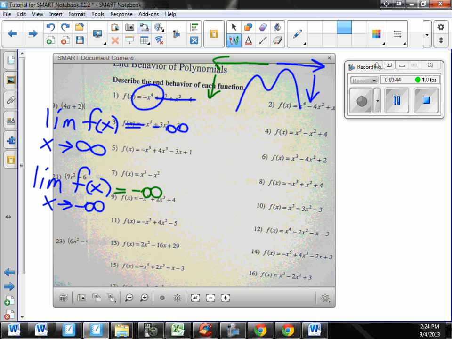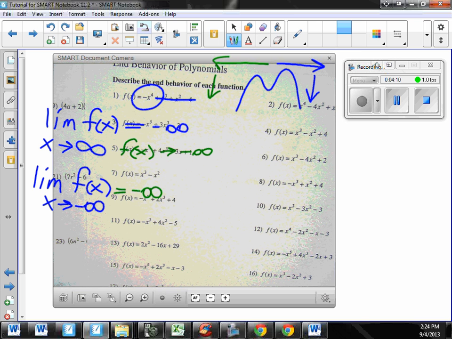Yes? There isn't. Well, I'll tell you what. If you just want to do, as x approaches infinity, f of x approaches negative infinity on this worksheet, I'd be okay with it.